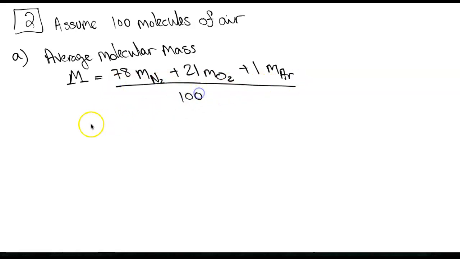Percent means for every 100, so we can rewrite this as a decimal in the following way.